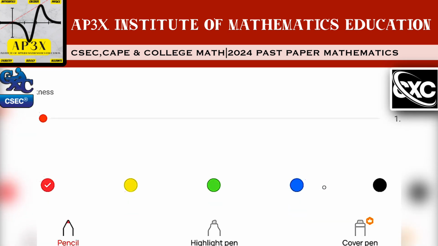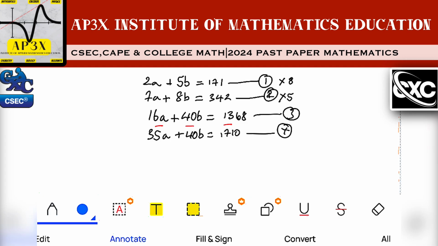So if we do that, what we're going to find is 16a minus 35a gives us negative 19a, and of course 40b minus 40b is 0, and 1368 minus 1710 is going to give us negative 342.